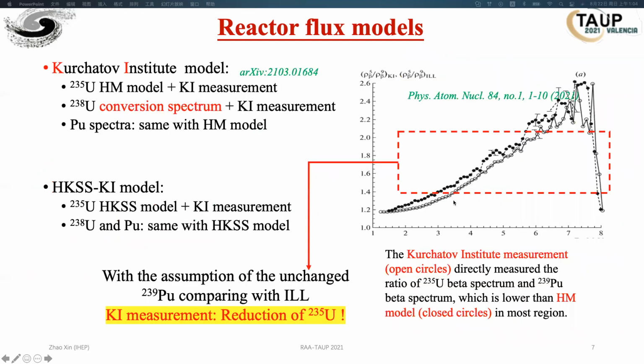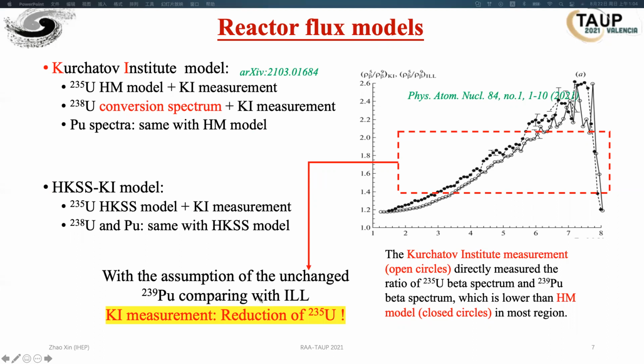In the recent Kurchatov Institute measurement, they find that with the assumption of the unchanged plutonium-239 beta spectrum, comparing with the ILL measurements, the KI measurements indicate the reduced uranium-235 beta spectrum.